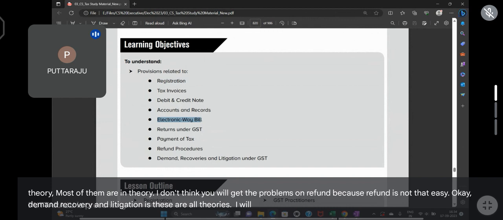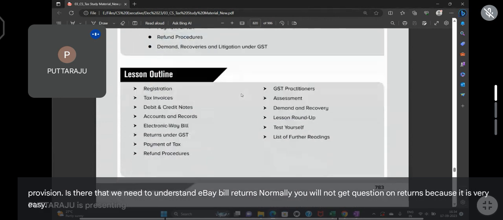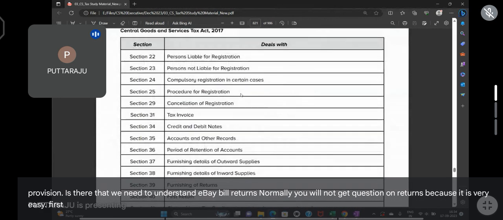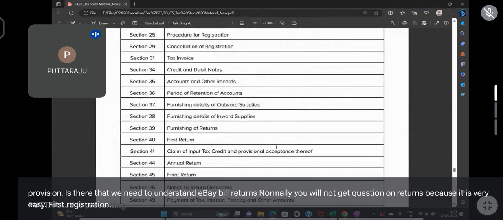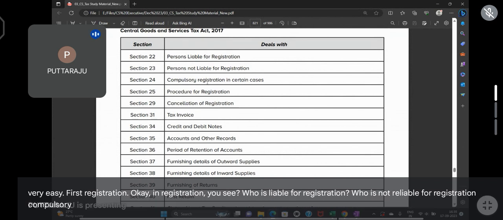I will do registration, accounts and records. There is one provision that we need to understand. E-way bill. Returns: normally you will not get questions on returns because it is very easy. First, registration. In registration you see who is liable for registration, who is not liable, compulsory registration, what is the procedure, cancellation.